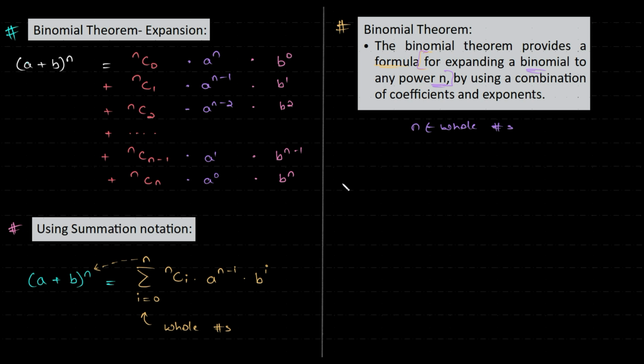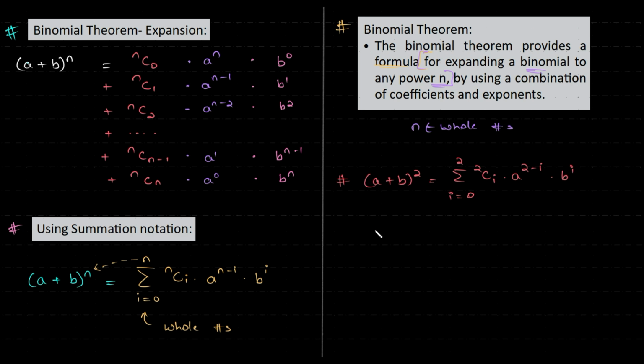So let us make use of this, and let's look at (a plus b) whole to the power of 2. As per this notation, it's basically the summation of i equal to 0 to 2 of 2Ci into a to the power of 2 minus i into b to the power of i.